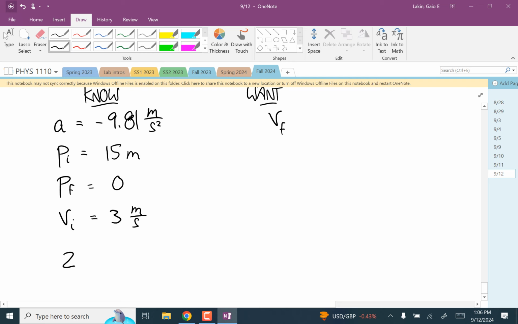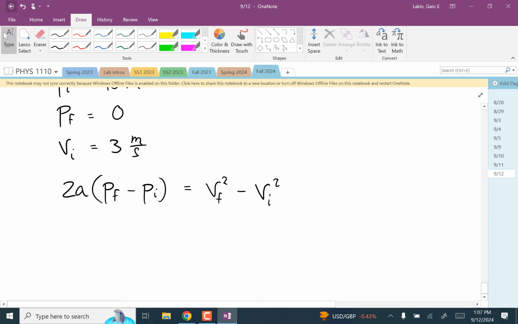The equation that'll work here is 2a times the quantity pf minus pi is equal to vf squared minus vi squared. So negative 19.62 times, whoops, I have these backwards, pf is 0, pi is 15. And then that's equal to the final velocity that we want squared minus 3 squared.